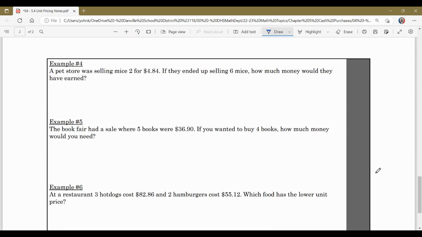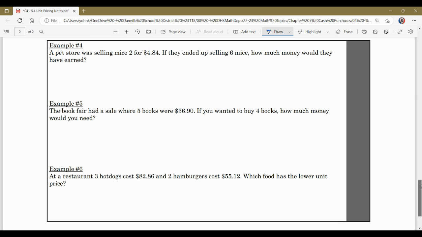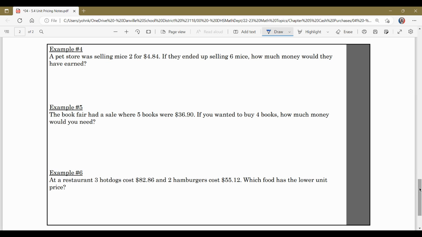Okay. So we can use unit pricing in other ways. So for example, a pet store was selling mice, 2 for $4.84. If they ended up selling 6 mice, how much money would they have earned? Well, if I can figure out the unit price for each mouse, then I can figure out how much 6 is. So let's see, per mouse, I can take the $4.84 and I can divide by 2.